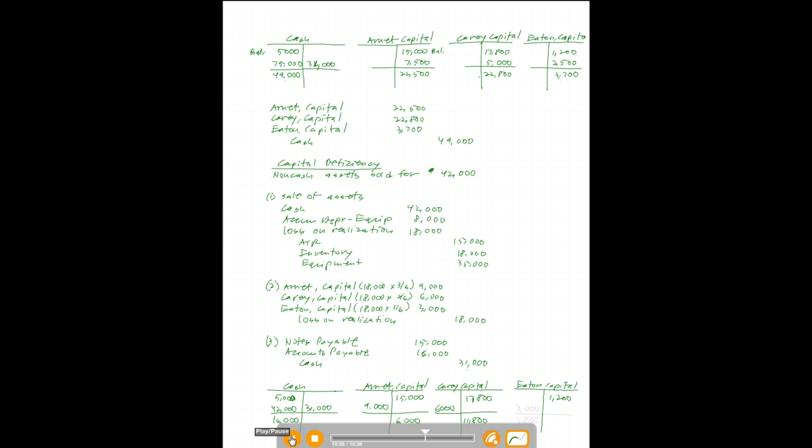Eaton's capital beginning was $1,200. We debited it for $3,000. So that gives Eaton a debit balance of $1,800. So this brings up two different possible scenarios. If Eaton has $1,800, he can contribute it to the partnership, and then he'll end up with a zero balance in his capital account, and we can close out Carrie and Arnett.